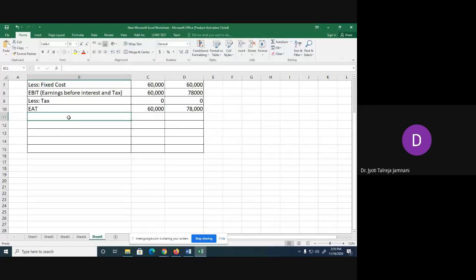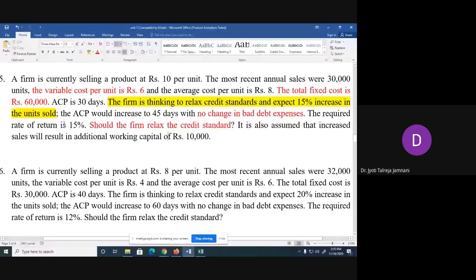So we'll write less cost of additional investment. For this, we need to first find the additional investment and then multiply the percentage given to find the cost of additional investment. Here, they've given you the required rate of return is 15%. But 15% on what?